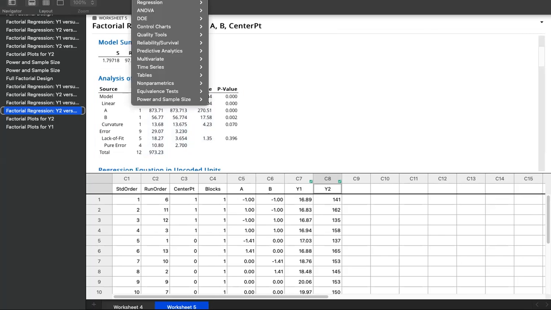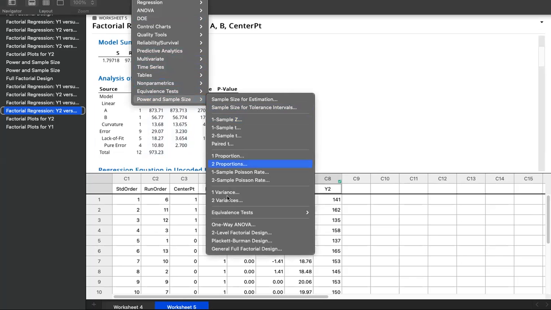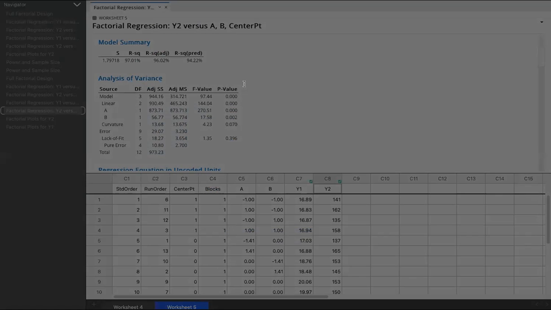Okay, let's do our power analysis. Number of factors 2, number of corner points 4, effect 5.336, standard deviation 3.23, and number of center points per block 9.